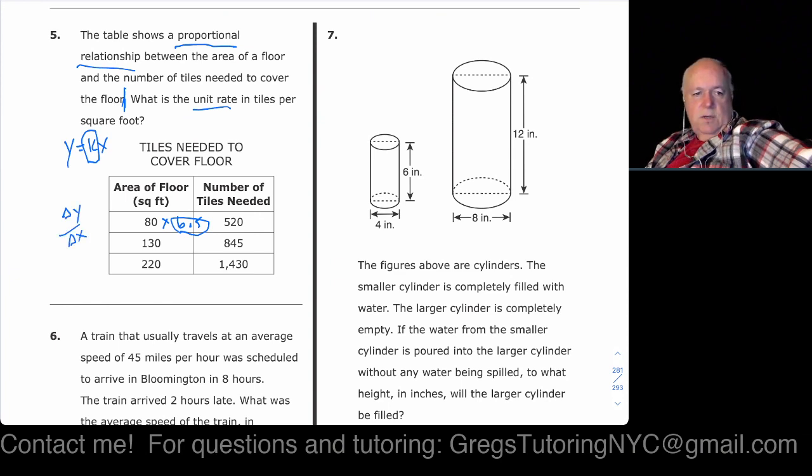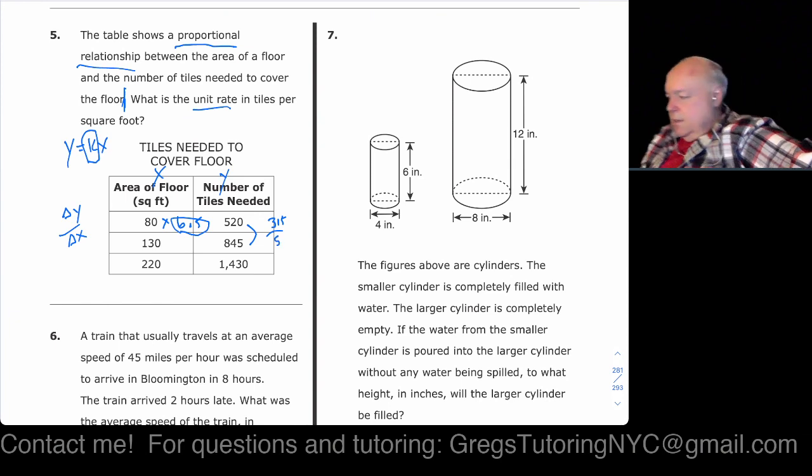So if we do it between these two, and if this is y and that's x, we're going to get 315 divided by 50.